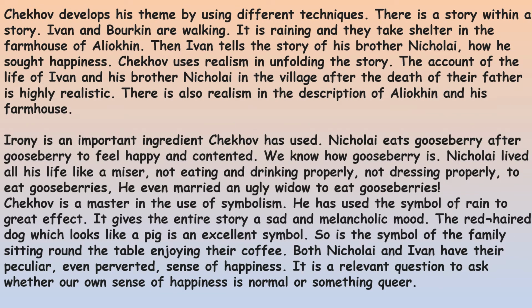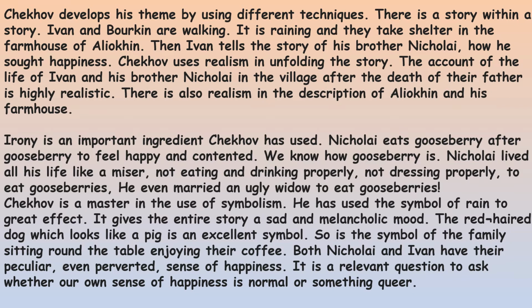Chekhov develops his theme by using different techniques. There is a story within a story. Ivan and Borkin are walking. It is raining and they take shelter in the farmhouse of Alyokin. Then Ivan tells the story of his brother Nikolai, how he sought happiness.